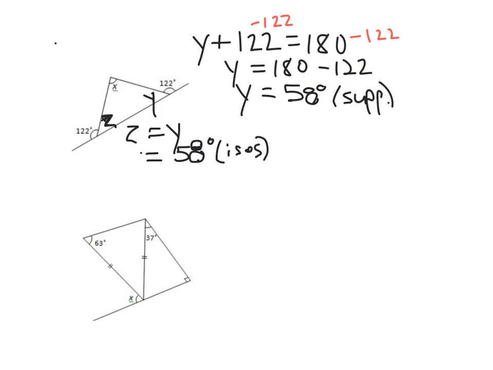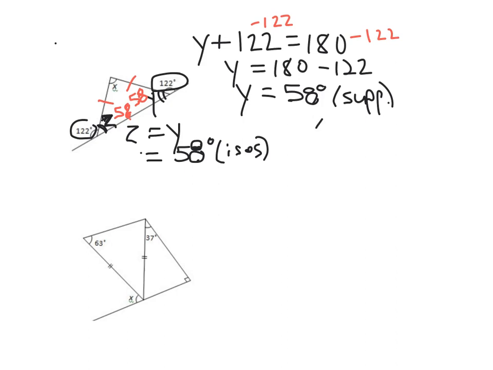Okay, so we just discovered that that angle and that angle are the same because their exterior angles are congruent. So now I know that Y equals 58 and Z also equals 58, so I put that on my thing. So now I know that this and this is happening, right? So I know that this isos relationship is in there.